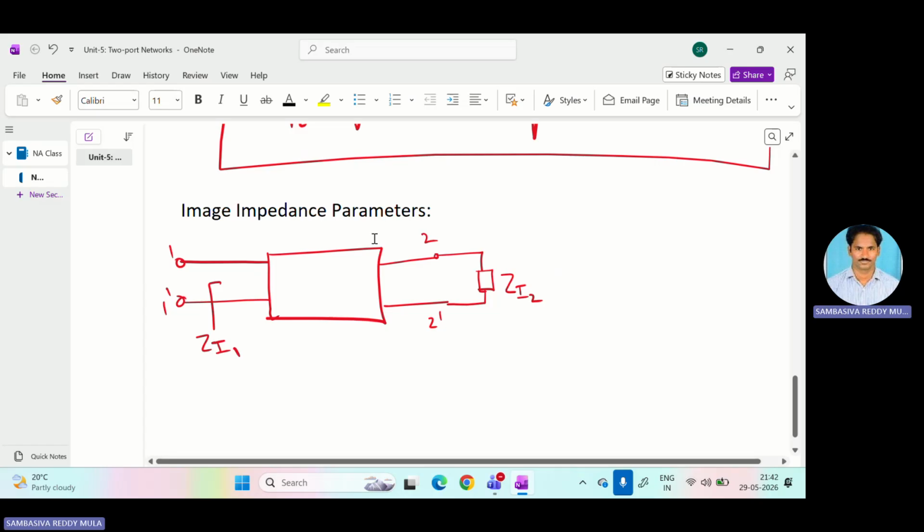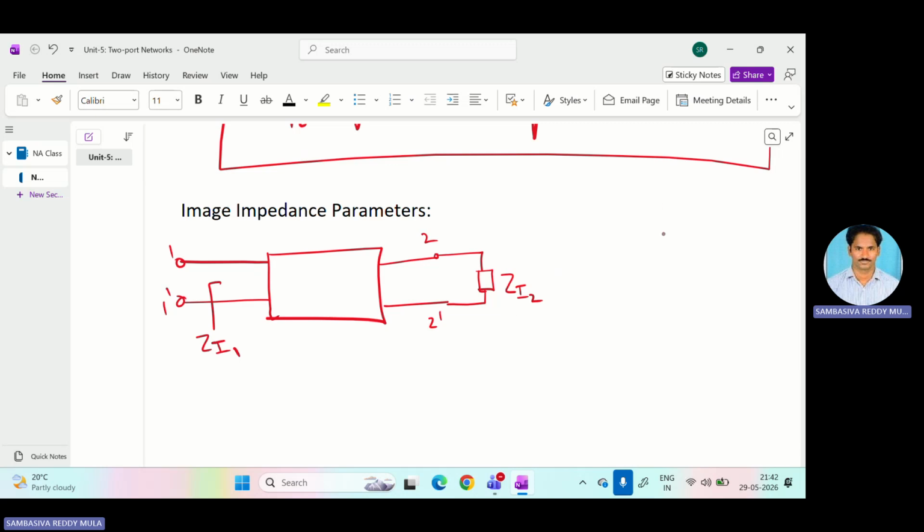So here, the reverse means if this pair is terminated with ZI1. Usually we write ZI1 at the input side. If you write it at the output port also, nothing wrong.